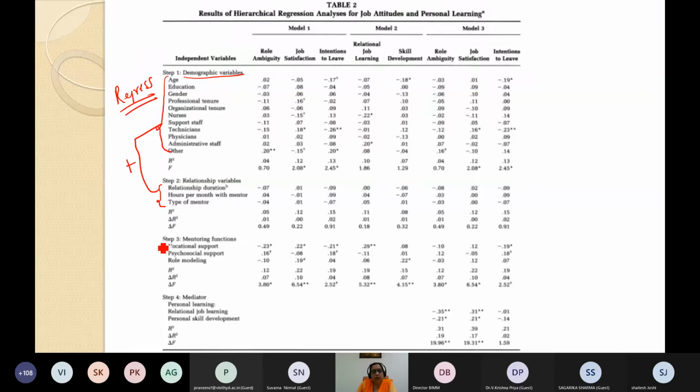Then you bring in the third model of mentoring functions, vocational support, psychosocial support, and role modeling. Again, to know if there is any variation.